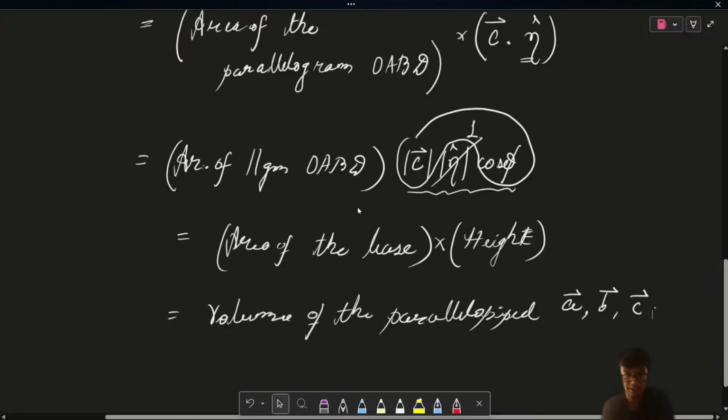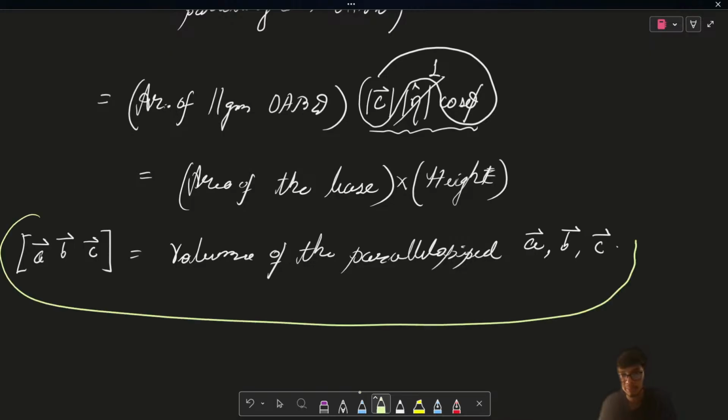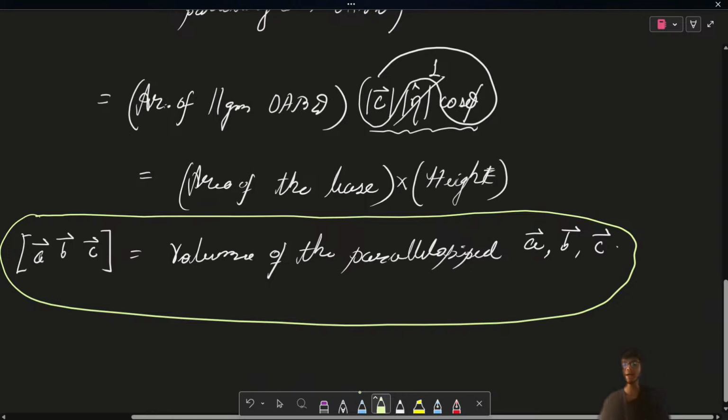So this scalar triple product, which is a scalar result, actually denotes the magnitude of the volume of the parallelepiped whose coterminous edges are given by A vector, B vector and C vector. I hope this is clear to all of you. Is this part clear?